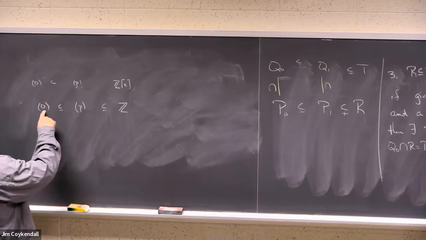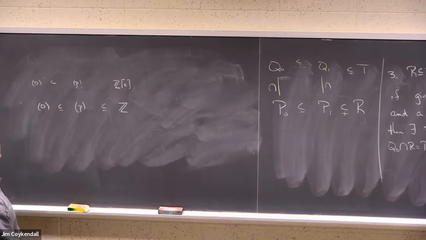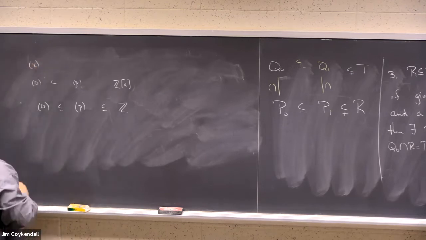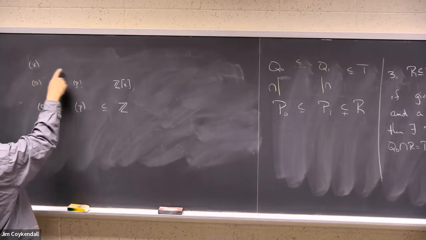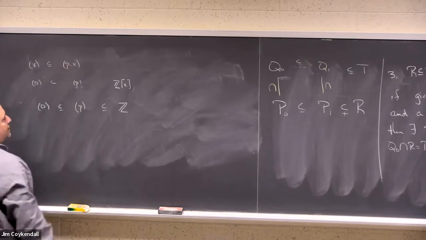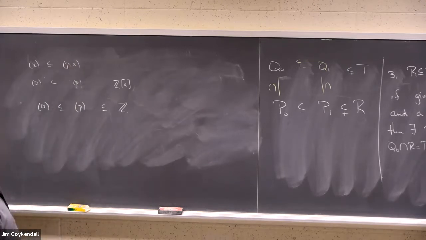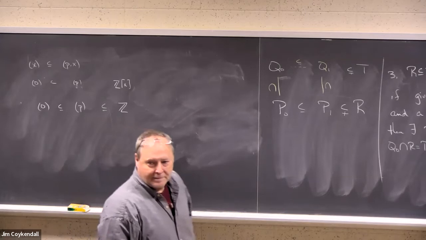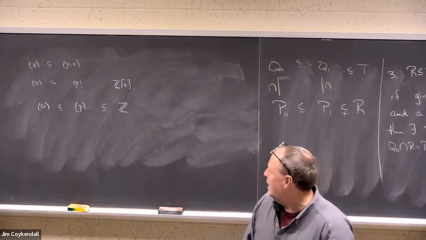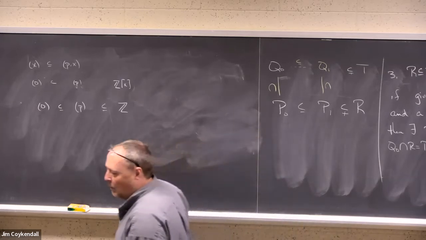What's your only other option here? What else lies over? Well, actually, what lies over zero? X. If you look at X here, you can go up to X Z[X]. What else though?